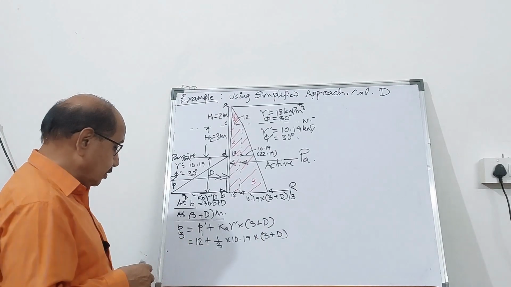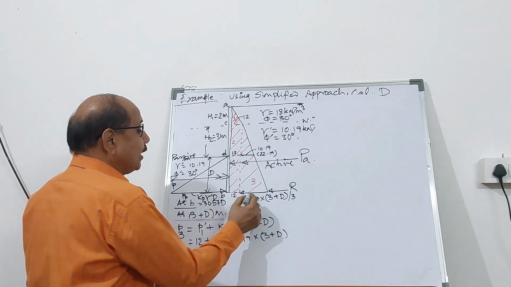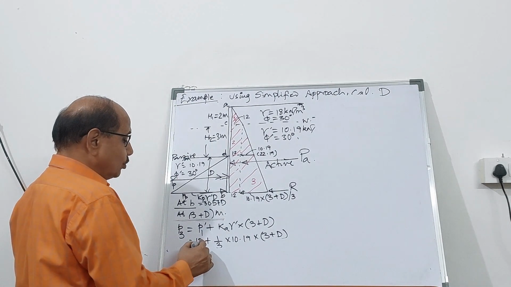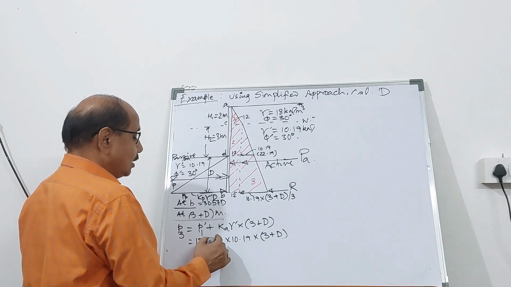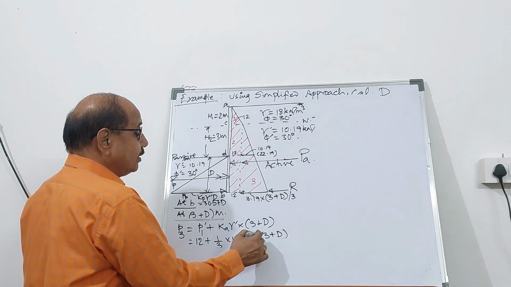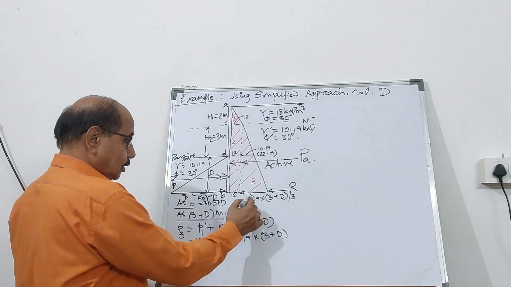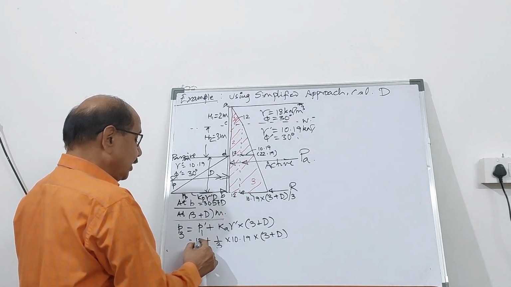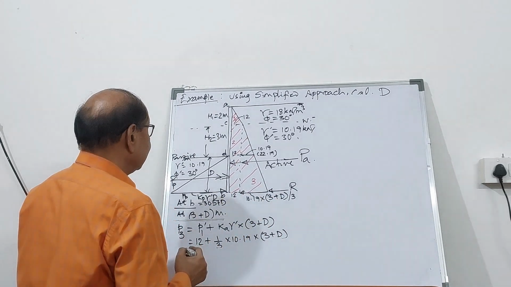So friends, you have seen that at the bottommost point, the pressure P3 is calculated over here, which is 12 plus K, that is 1 by 3 into 10.19 into 3 plus D. So the value is known to you. The total value of P3 is going to be 12 plus so much, and that's the value over here.